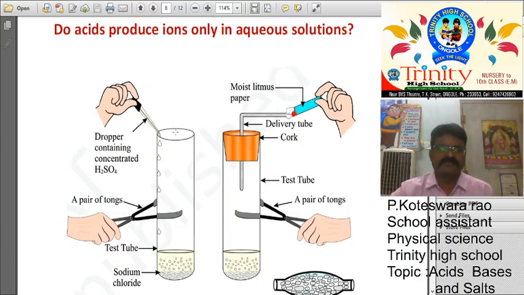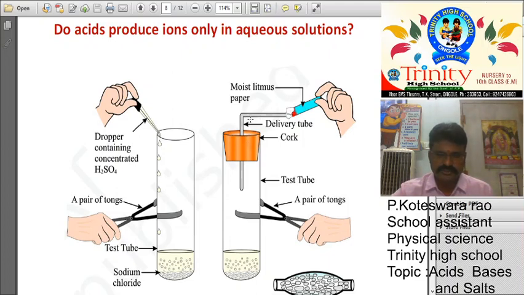Then what happened? These two are mixed, NaCl and H2SO4. Then it ejects one gas. After this we can fit it with a rubber cork.